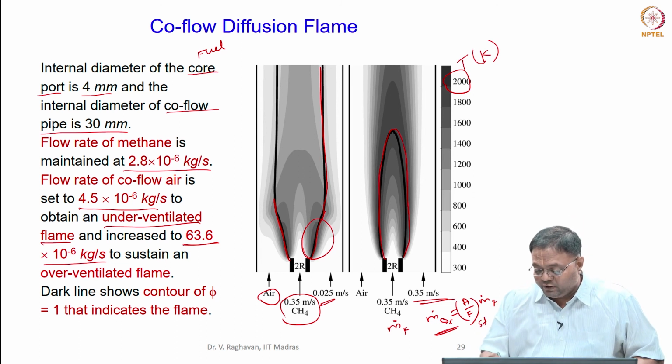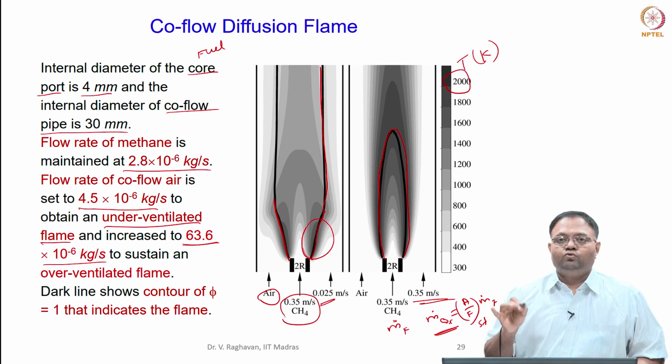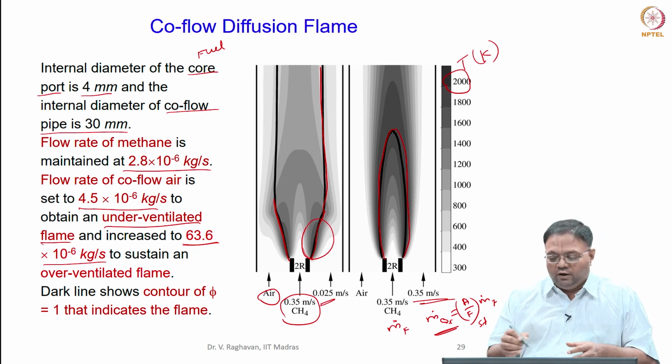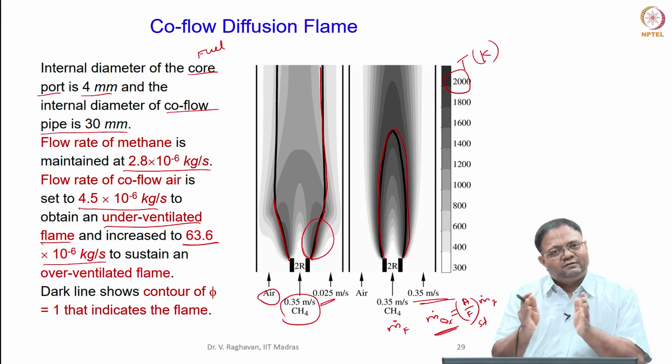On the other hand, if you increase the mass flow rate of oxidizer to say 200% of stoichiometric air and so on, you will get a reduction in soot formation. That means we have more control over the flame emission characteristics. The flame height may not change much, and the flame width may slightly reduce.